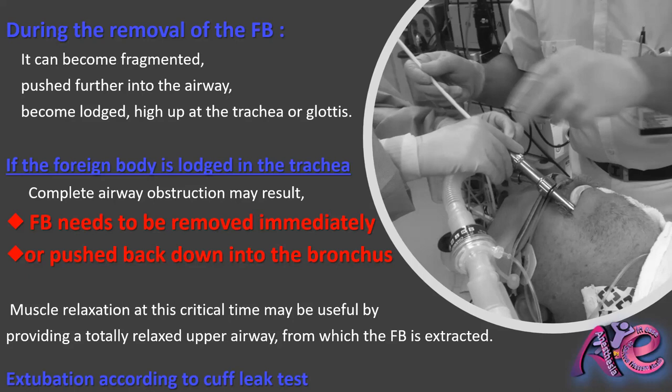Extubation can be done according to the cuff leak test. If there is enough air leak around the endotracheal tube, I may extubate the patient. If there is not enough leak around the tube, then transfer the intubated patient to high dependency.